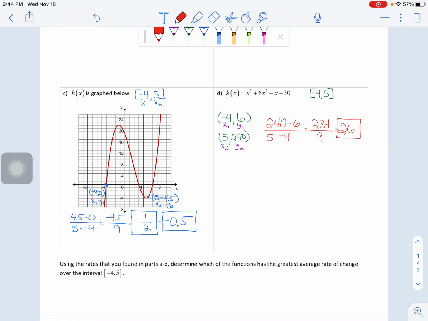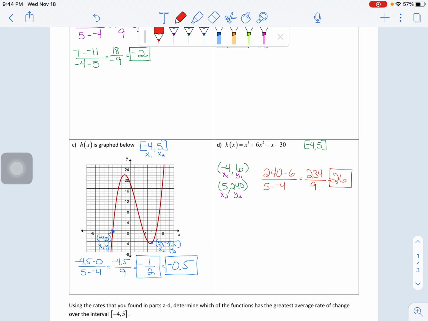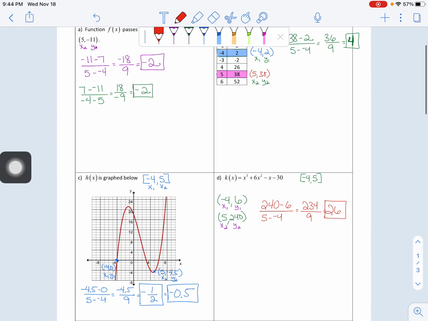Basically, what you want to do is ignore the positive or negative part of it. We're just looking for the biggest change. And our possible answers here are a change of 2, again ignoring that negative sign for right now, a change of 4, a change of a half, or a change of 26. Now, I don't know about you guys, but I'm pretty sure changing 26 on average is going to be the biggest rate of change.